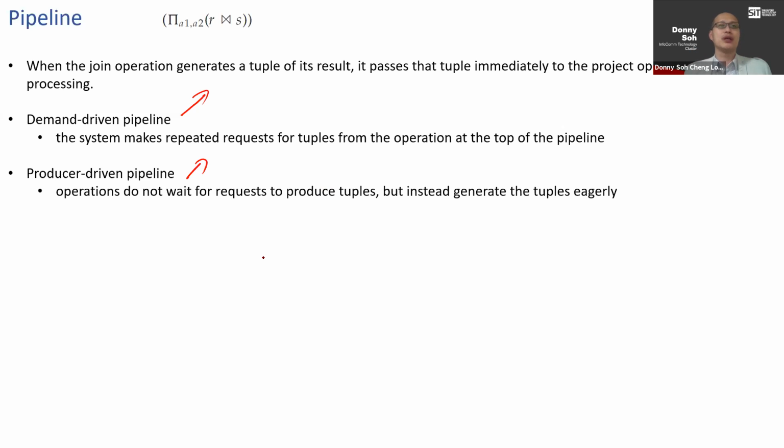So if there's a projection here, it will demand the join to start giving it the data, whereas in the producer-driven one, the join produces the data and eagerly passes it on to the projection operator.